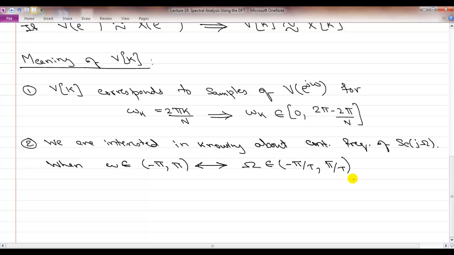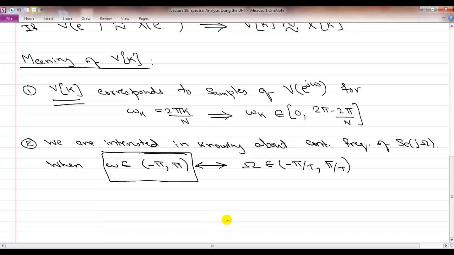So the first thing we need to do is ask ourselves, what do these samples V of k teach us about the continuous frequencies? And if we want to do that, then we better be able to say something about discrete frequencies in this range. Well, doing that is easy.